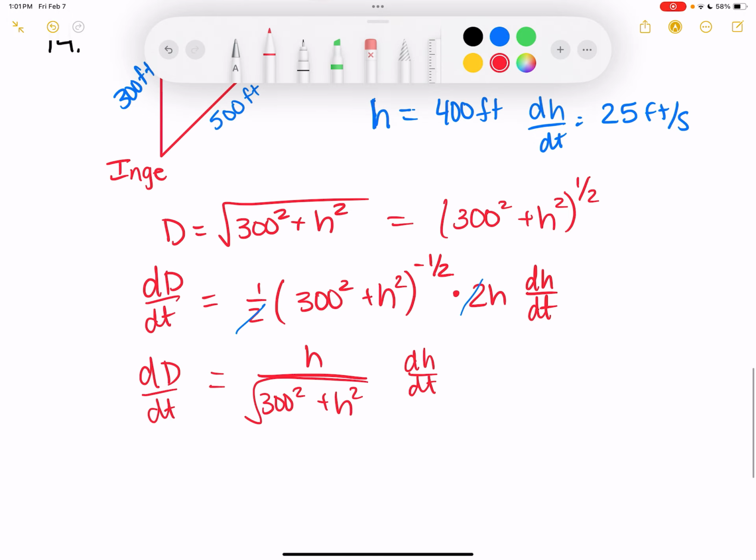Now we can plug in. dD/dt equals 400 over the square root of 300 squared plus 400 squared times 25.